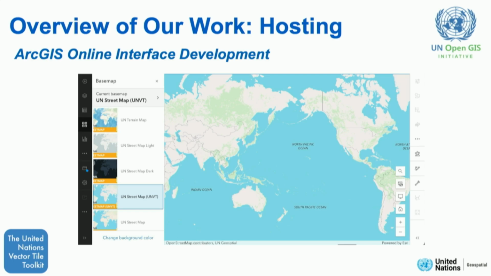So on this platform, both maps created by UNVT and others are available together. So in short, the ArcGIS Online interface bridges the gap between open source and proprietary systems within the UN.